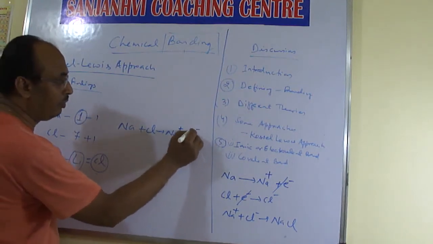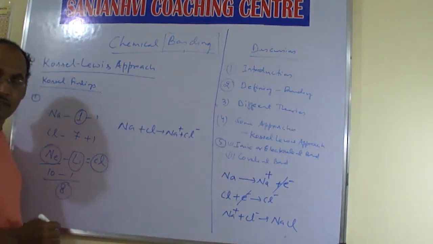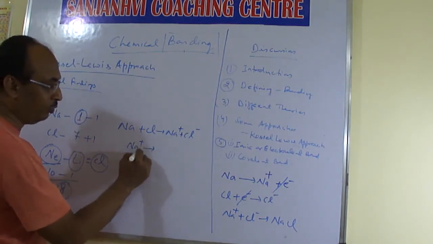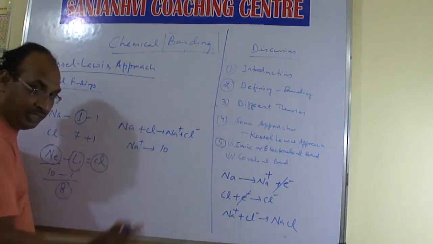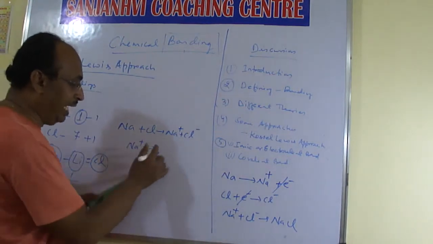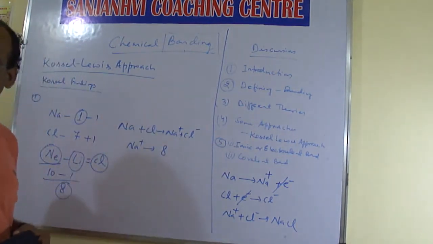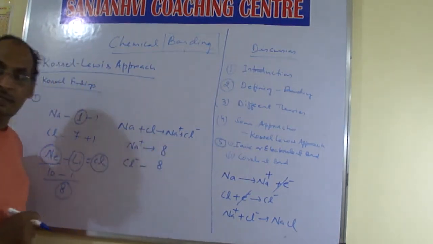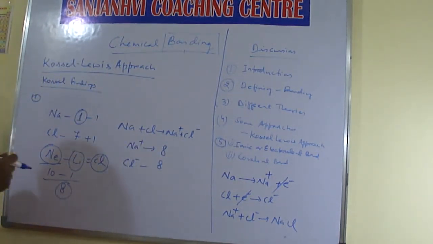Please tell me, yes or no? See, Na plus has 8 electrons in its outermost shell. Chloride ion also has 8 electrons in its outermost shell.